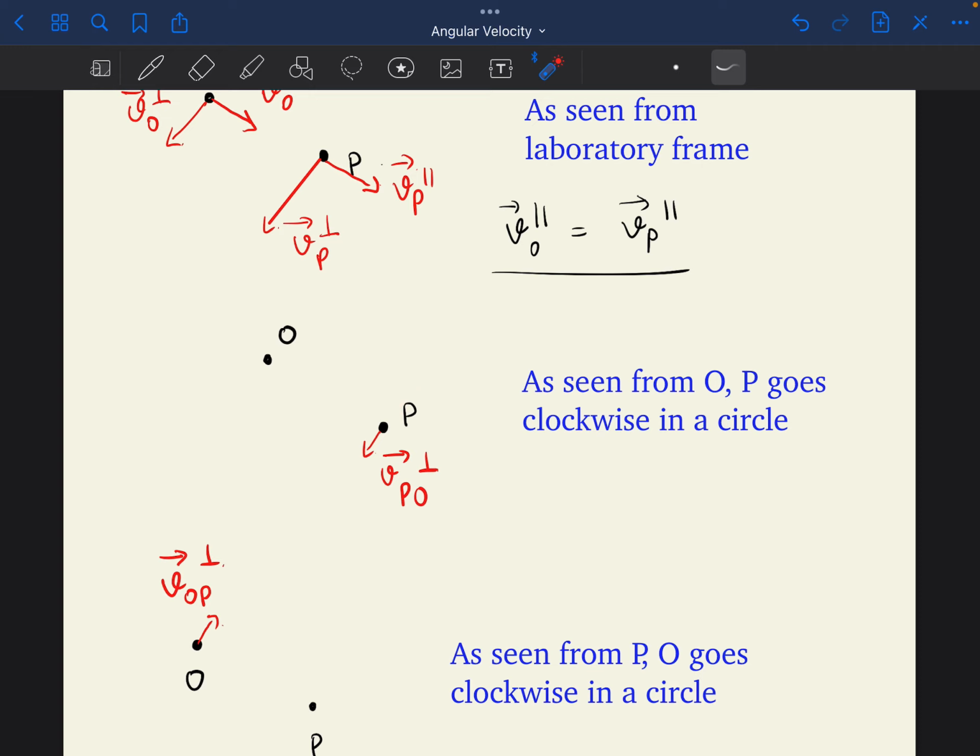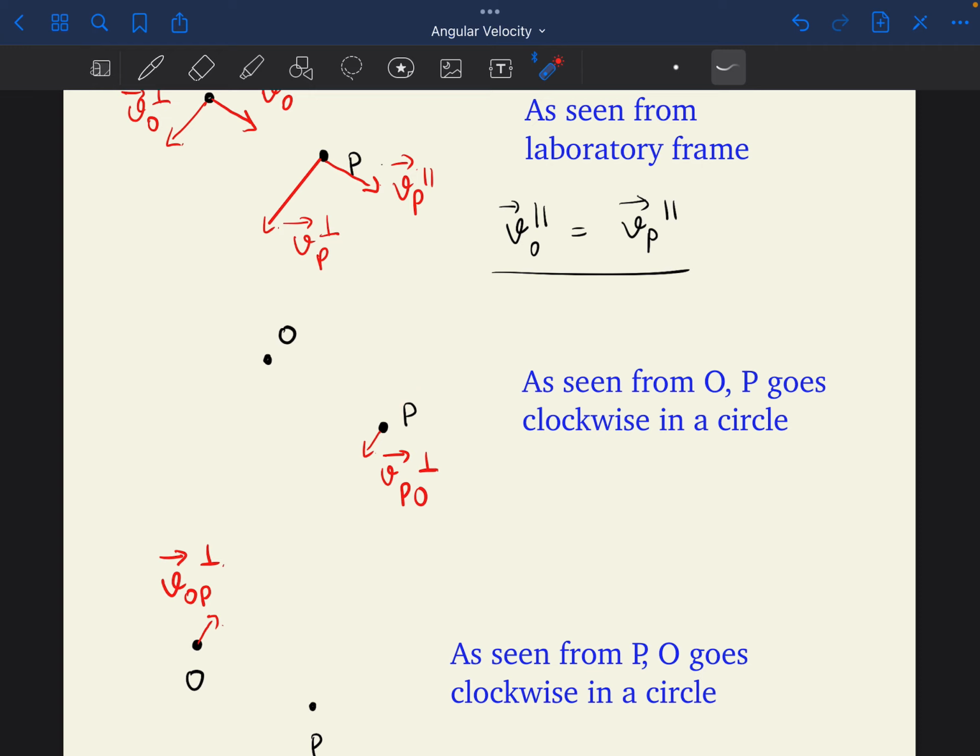then if P is actually going around O in a circular path, then at every instant it will have a velocity which is perpendicular to OP. At every instant it will have a velocity which is perpendicular to OP. And this is guaranteed in our situation by the fact that OP is fixed.